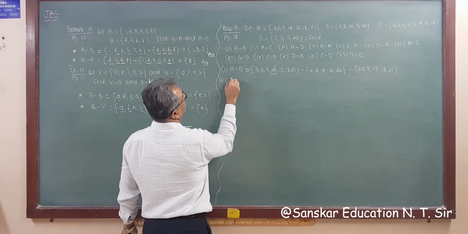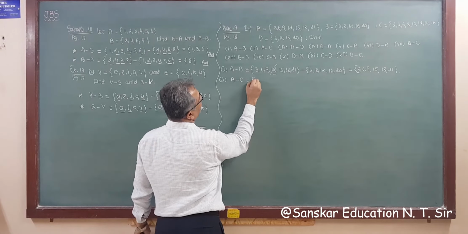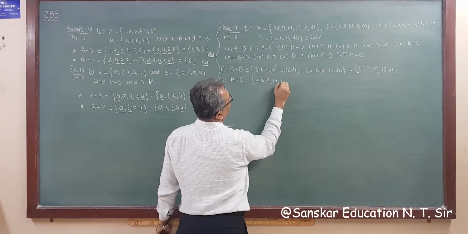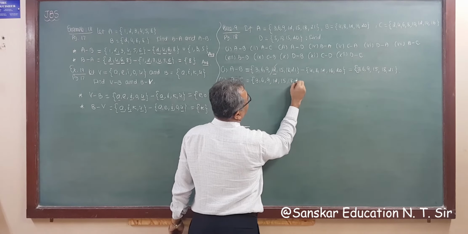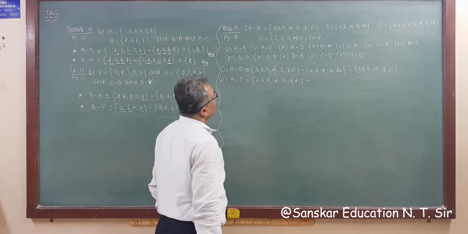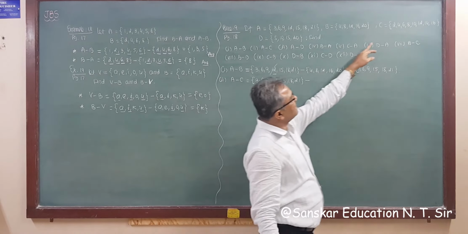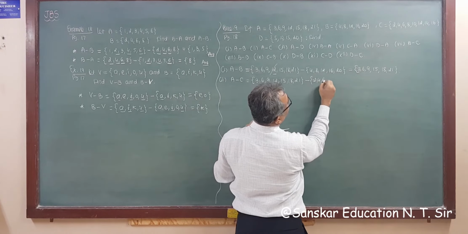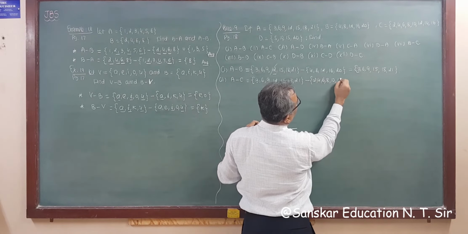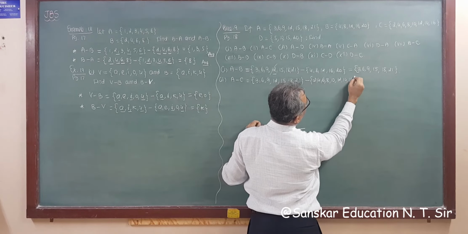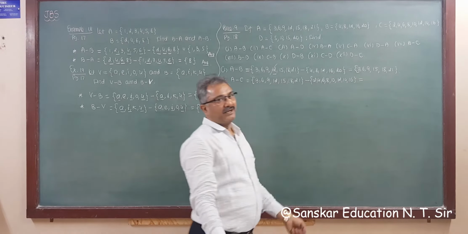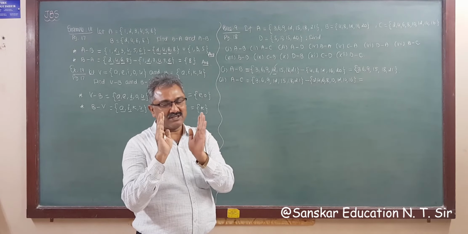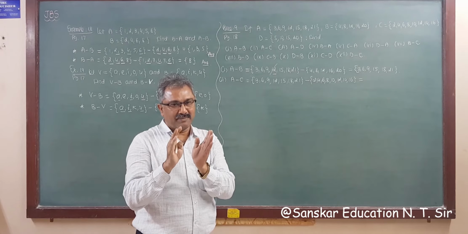Then A minus C. A is the same set, 3, 6, 9, 12, 15, 18, 21, minus C. Set C is 2, 4, 6, 8, 10, 12, 14 and 16. Right? I am repeating the definition each time so that you get a better idea.